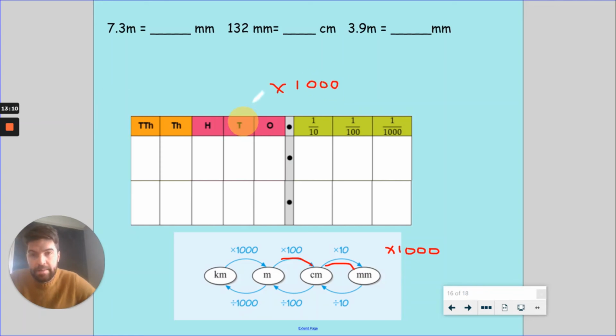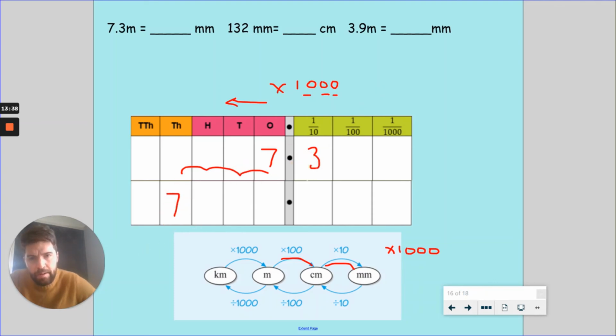That means the number's going to get bigger by 3 columns. So let's put that number in. It's 7.3. 7 in the ones, and then the 3 after the decimal point there in the tenths. Getting bigger by 3 columns. So the 7 is going to go 1, 2, 3 columns up. 7 multiplied by 1,000, yep, in the thousands column goes the 7.